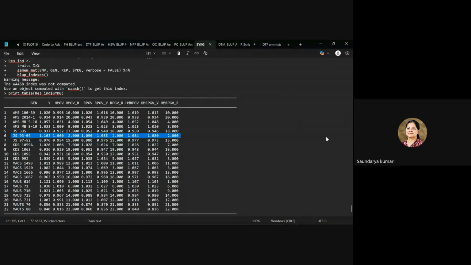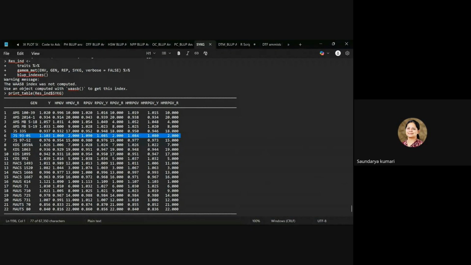With these two genotypes, can we say that if the ranking is nearby one, it is more stable and high performing? We have evaluated 22 genotypes. On the basis of the BLUP model, the model ranks the genotypes on the basis of their performance.